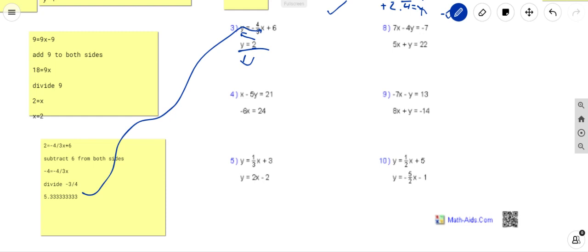So we would take negative 4 over 3 and multiply it by 5.3 repeating, then add 6.